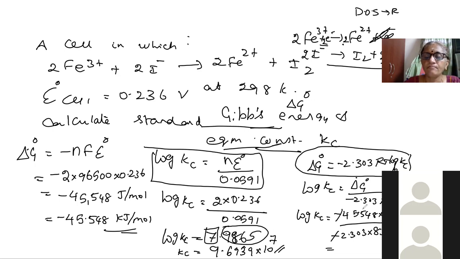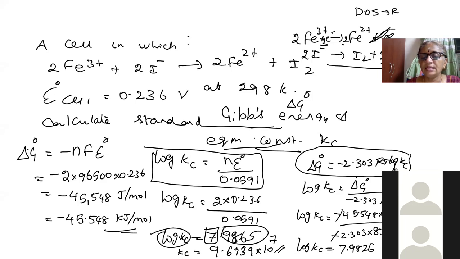The minus signs cancel. 45,548 divided by 2.303 divided by 8.314 divided by 298. You should get the same value. 7.9826 you are getting, that's okay. 7.9826 is the log Kc value.